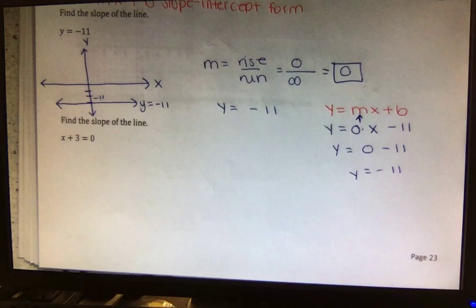From this point, we said we're going to go down 3, right 1. So down 1, 2, 3, right 1. If you want to keep going, we can do that again. Down 1, 2, 3, right 1. And then connecting our dots.